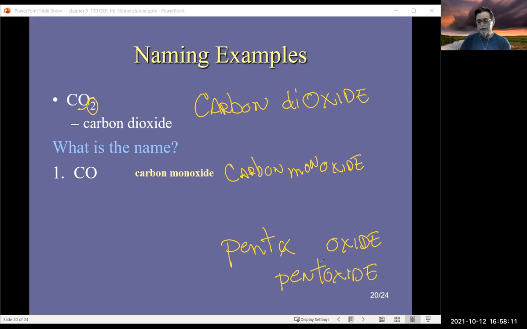Sometimes I'm guilty of this and forget to take the A out, and in the slide I forgot to take the A out on some of them. Bottom line is, if you don't take the A out, I'm not too concerned about it. It's not the end of the world. So this one, mono plus oxide, you can see how you drop the O off of mono because you've got two vowels. And that's your English lesson for today.